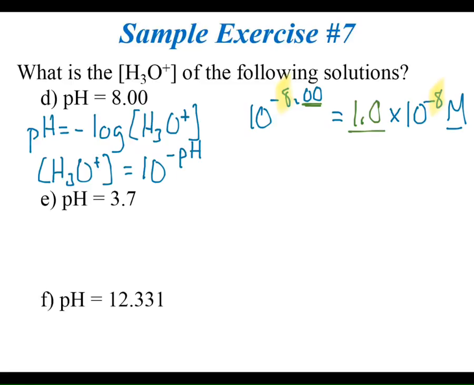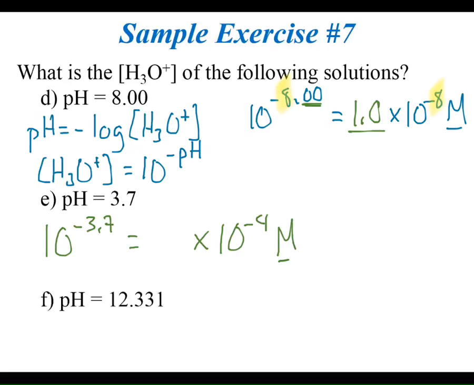Now it's going to be negative 3.7, then anti-log, or however the calculator works, anti-log of negative 3.7. So it's going to be something times 10 to the negative fourth.